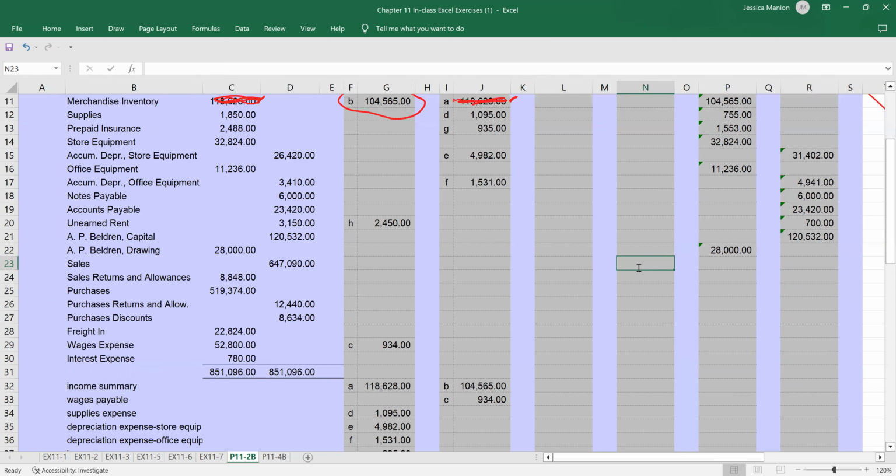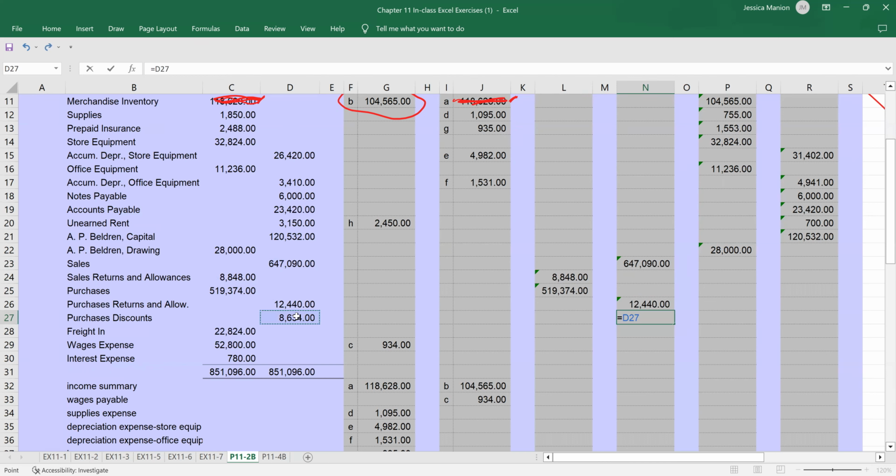So sales, no adjustments, still 647,090. Sales returns and allowances, no direct adjustments, still 8,848. Purchases, no direct adjustments, still 519,374. Purchase returns and allowances, no adjustments, still 12,440.